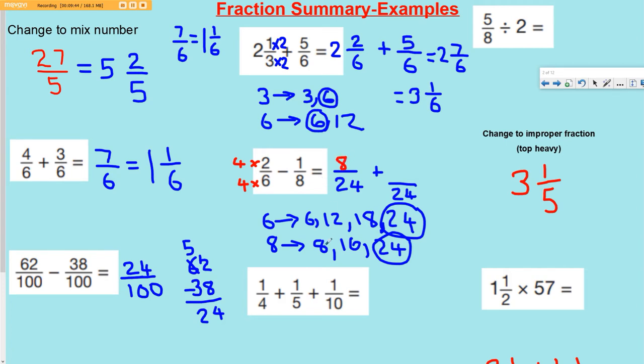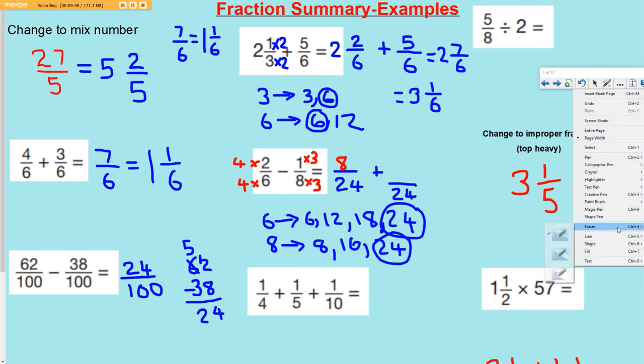Okay, and I need to multiply this 1, 2, 3. I'm going to multiply that by 3, and I'm going to multiply that by 3 as well. Just one little mistake here, this is supposed to be a minus. Okay, so let's change that.